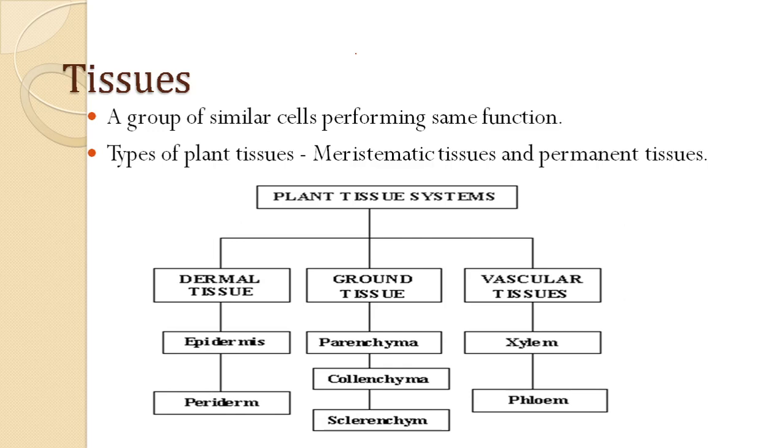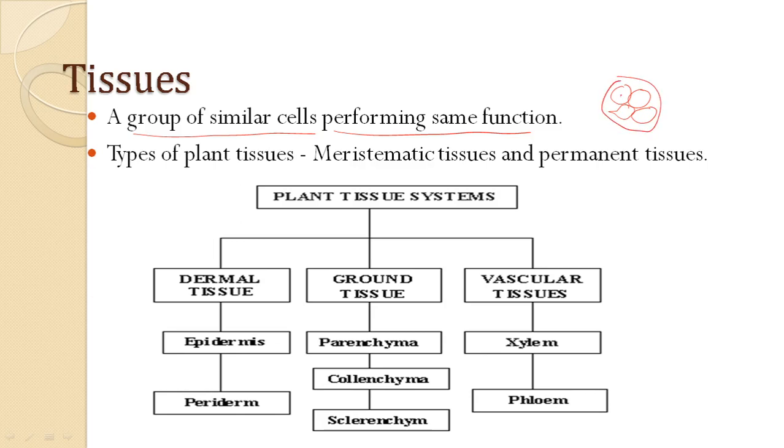First of all, a plant is composed of several types of cells, and a group of cells is called a tissue. What is a tissue? A group of similar cells performing the same function. That is, there is one cell, another cell, and another cell. These four cells together are called a tissue.